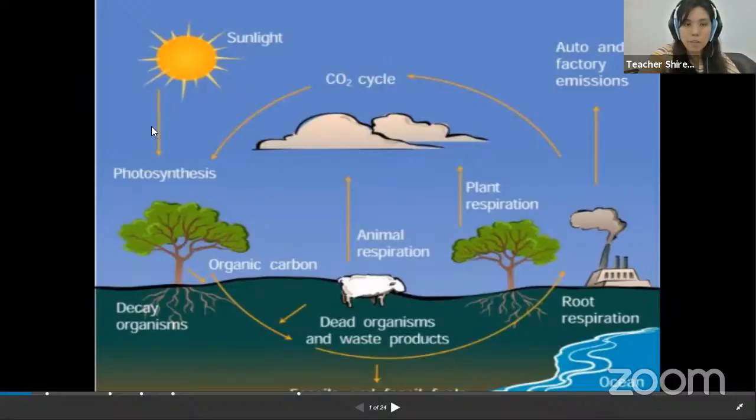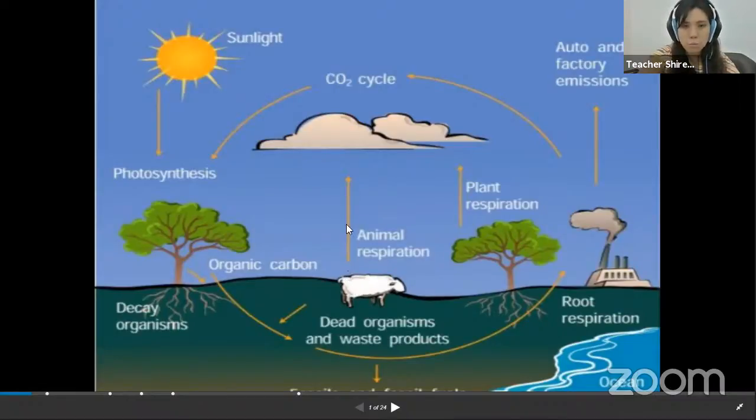Okay, start from the plant. The plant will take in carbon dioxide together with sunlight. It creates food. When it creates food, it produces oxygen for the animals to breathe.